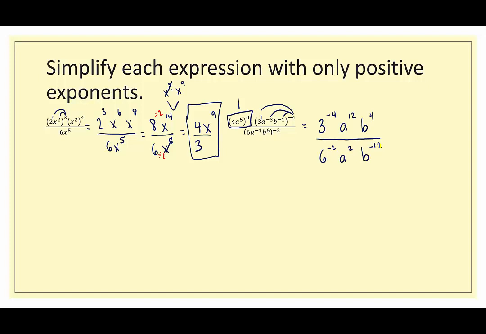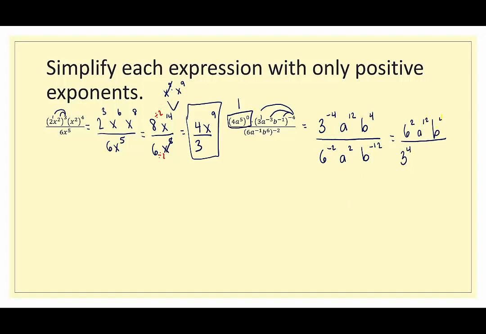What we're going to do next, anything with a negative exponent, we're going to switch its location so that the exponent becomes positive. 3 to the negative 4, we're going to move it down to the denominator. Same with this 6 to the negative 2, I'll just preemptively move this one up because it will have a positive exponent in the numerator.